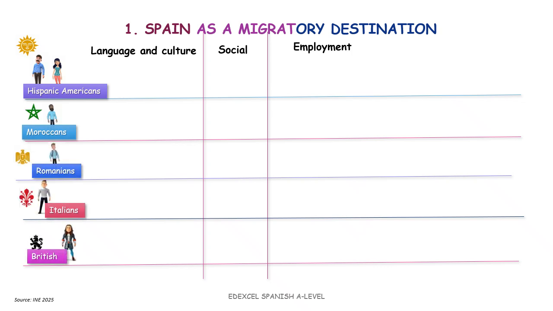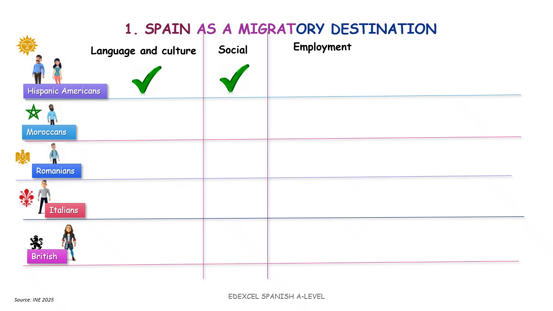Latin Americans first. When it comes to language and culture, integration is usually much easier. They already share the Spanish language and many cultural references with Spain. Socially, they generally integrate quite well into the community, although they can still face stereotypes based on nationality, especially when it comes to lower skill jobs.